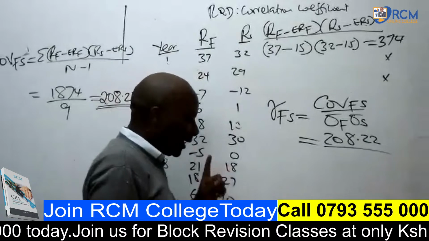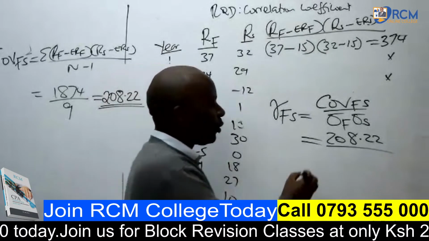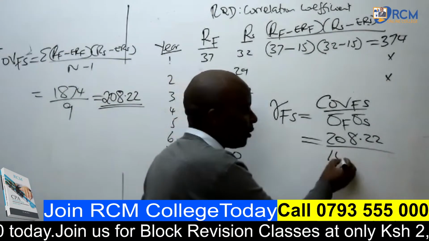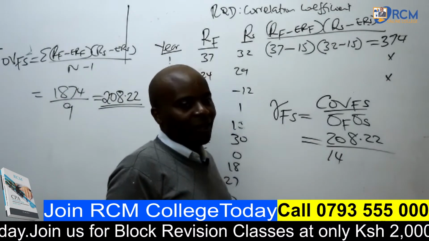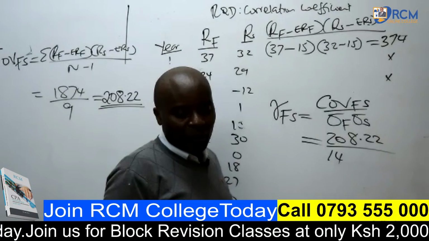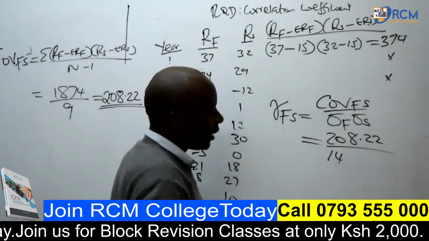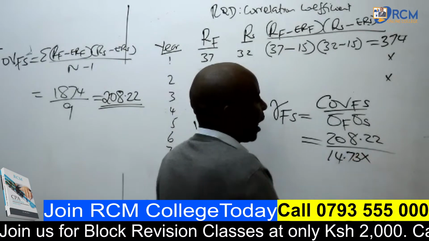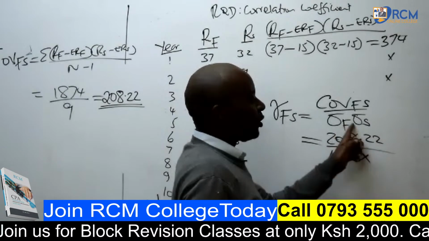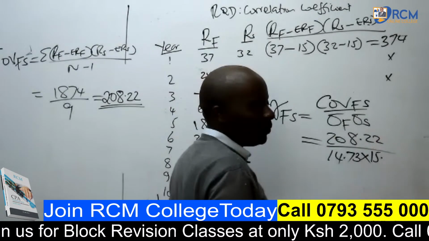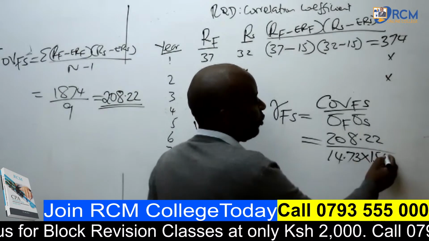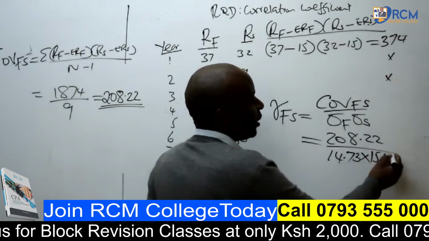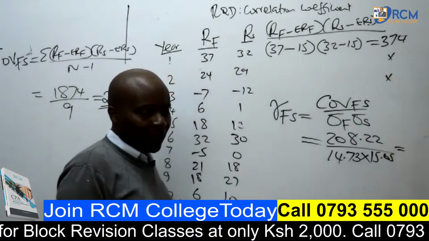Unfortunately, I deleted mine, but I remember there was one coming to 14 point something. Standard deviation of F was 14.73, times standard deviation of S, which was 15.05. That should give us these parameters.